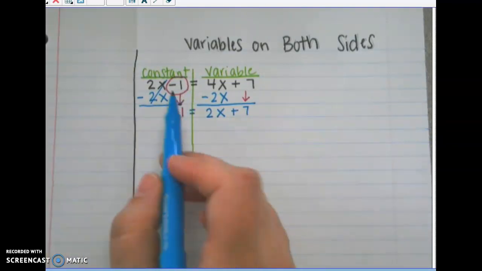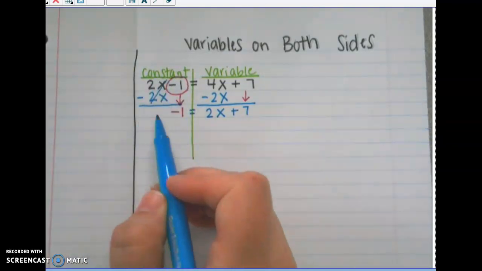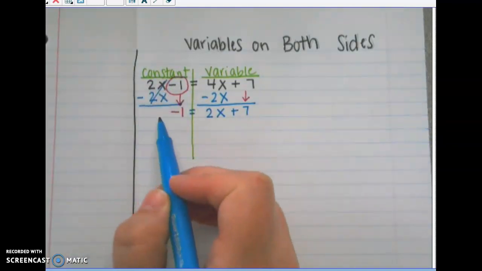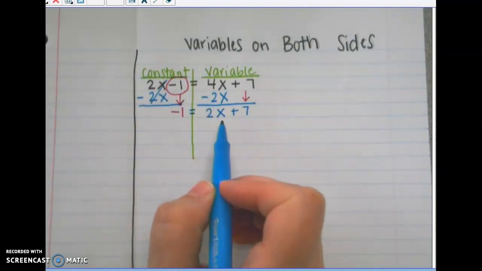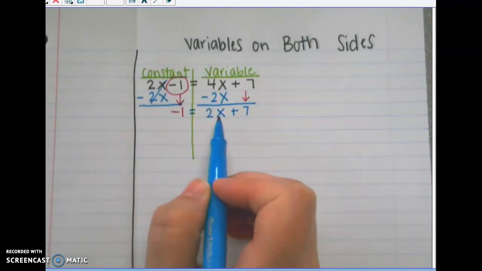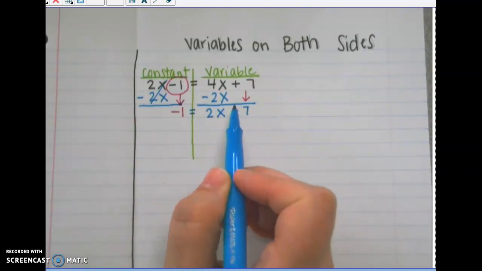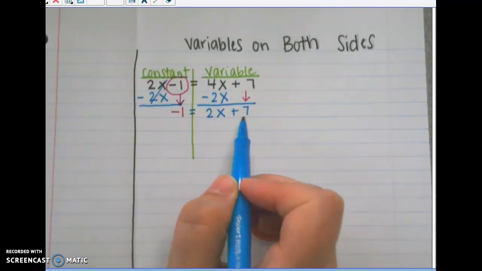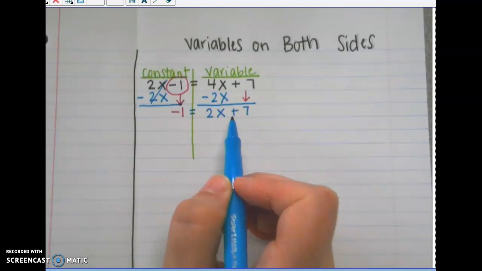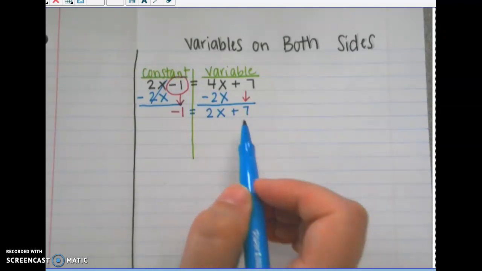So now that I got rid of the variable on my constant side, now that I have just one x term instead of 2, I'm going to look at my variable side and see what doesn't belong over here. So the 7 doesn't belong on this side because 7 doesn't have a variable. So I'm going to look and see what kind of a 7 it is. It's a plus 7.